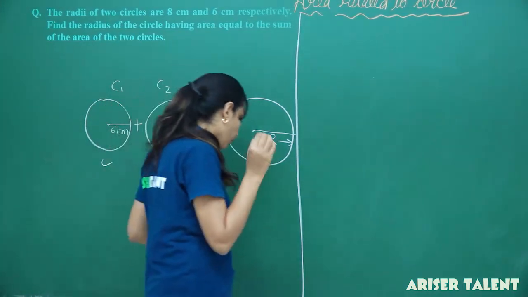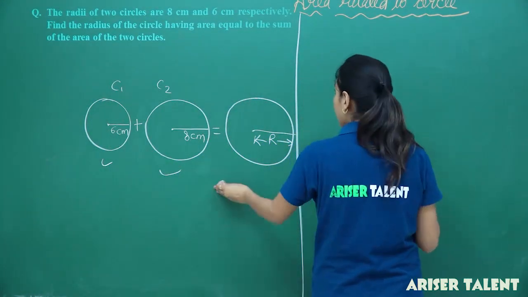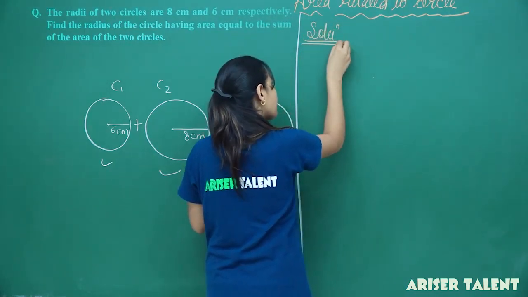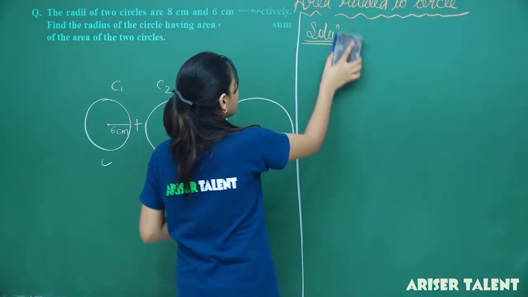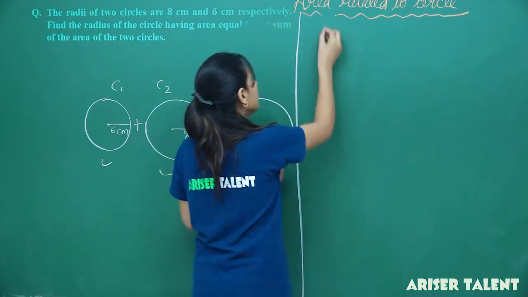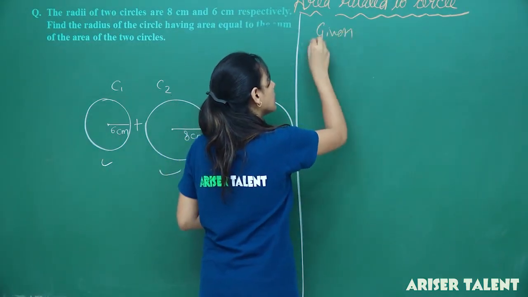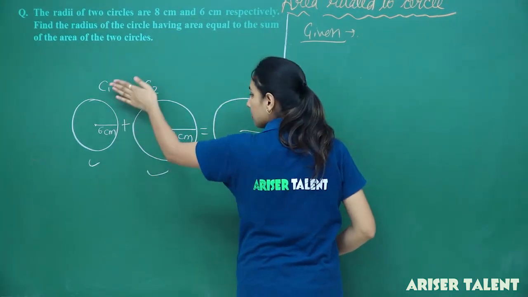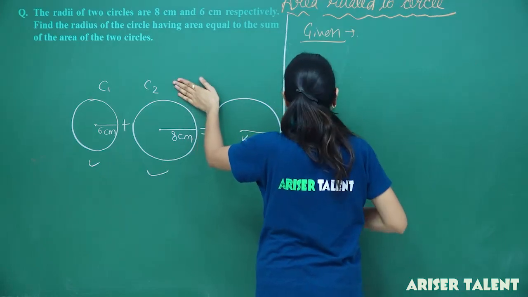Now, we will apply the same concept that we have understood here. That is your solution part, students. Or I can write the given things first. What you have given? You have given, as I have told you here, the circle C1 is there and circle C2 is there.